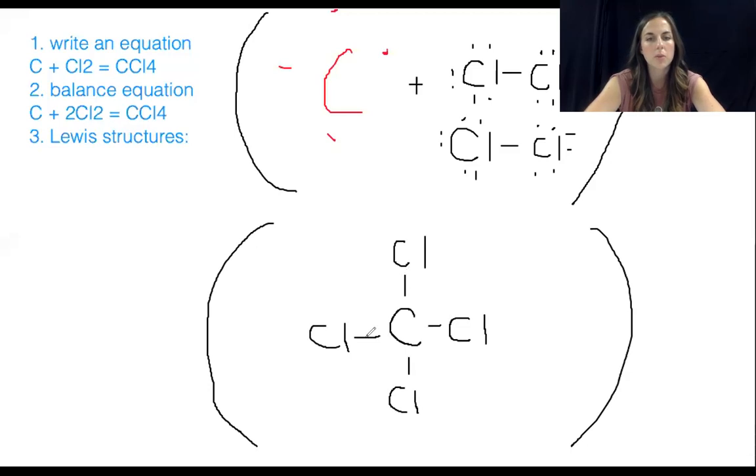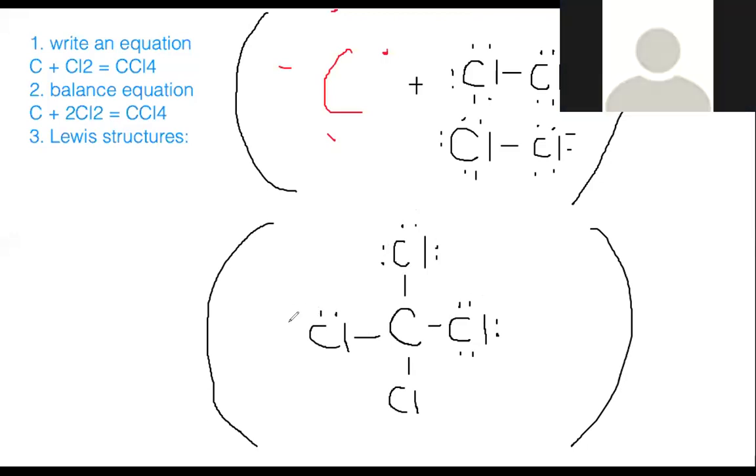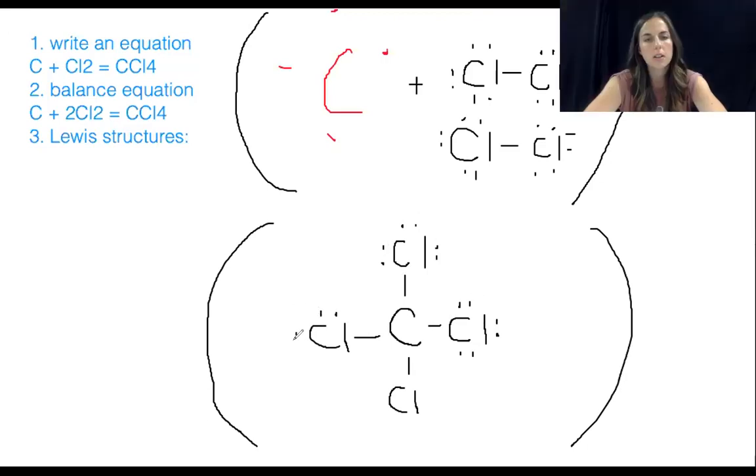So I've got 2, 4, 6, 8, 10, 12, 14, 16, 18, 20, 22, 24, 26, 28, 30, 32. Okay, so this is our full Lewis structure, and there's no coefficient here, so it's just going to be one of these.